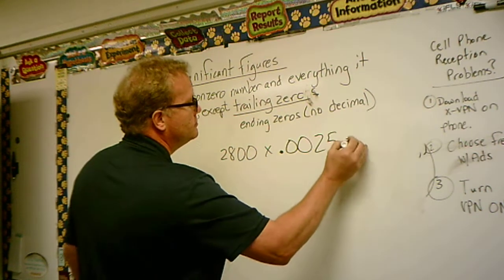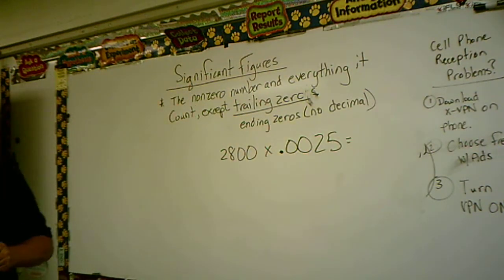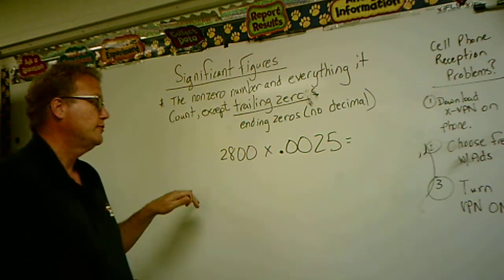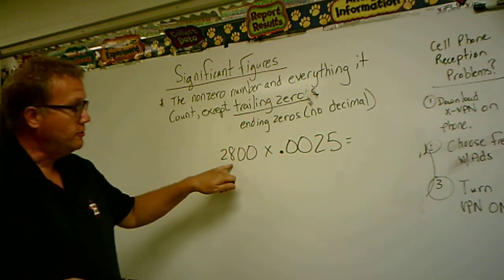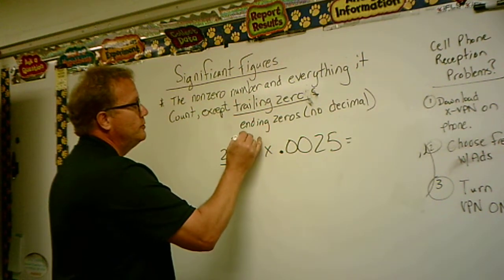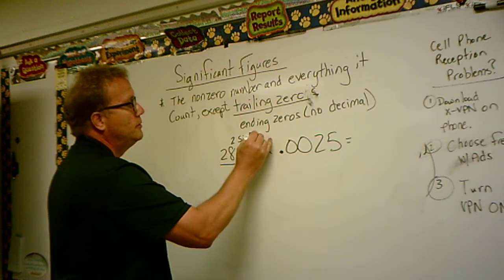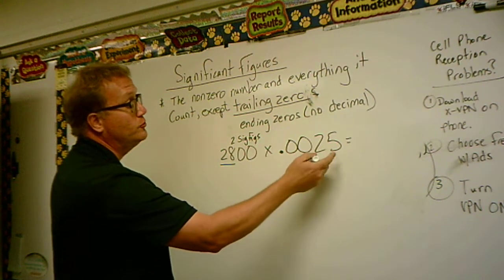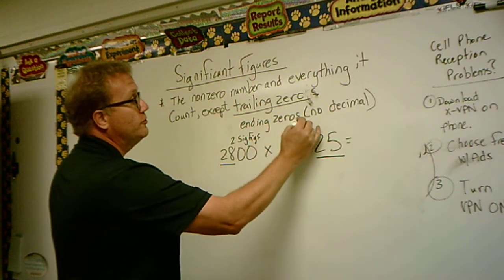Well, first of all, we can look at our sig figs. Trailing zeros don't count, so this is going to be 2 sig figs. We don't start counting until I hit the 2 and the 5. That one's 2 sig figs.